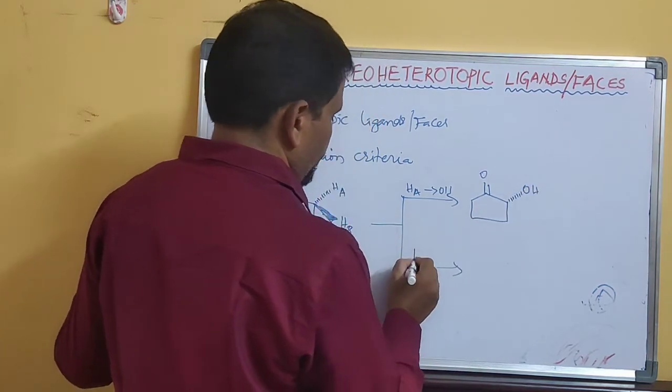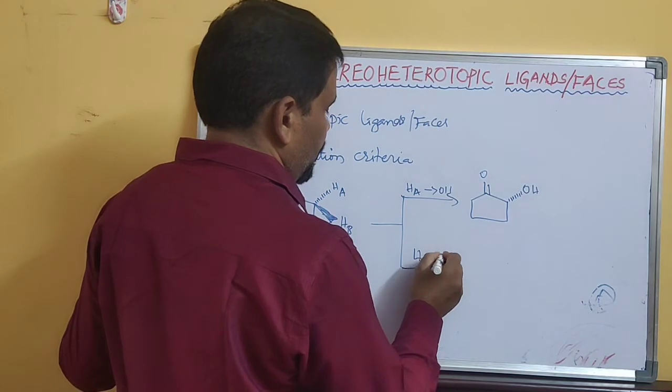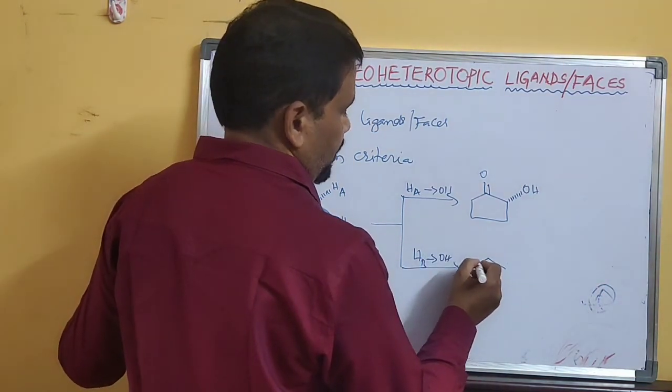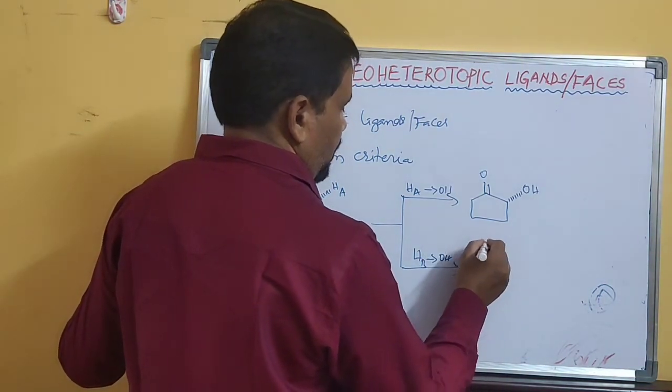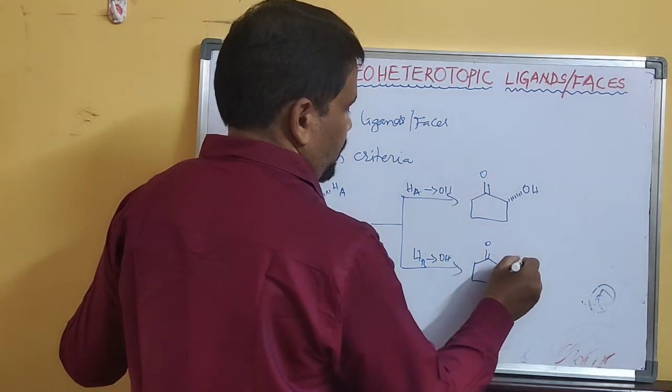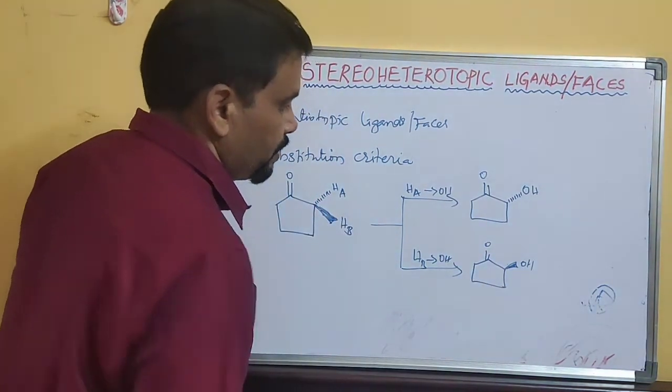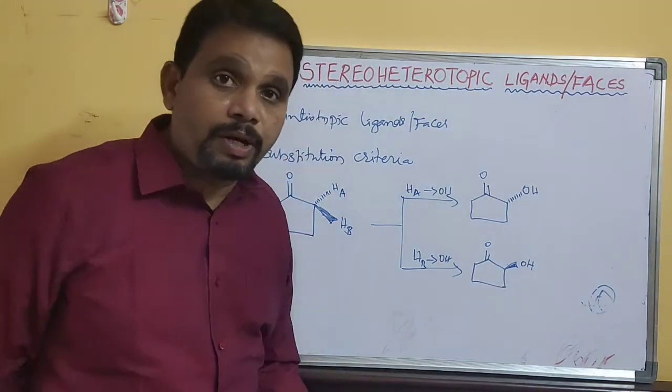If you substitute HB with a hydroxyl group, you will get... both are stereoisomers. Okay, both are stereoisomers.